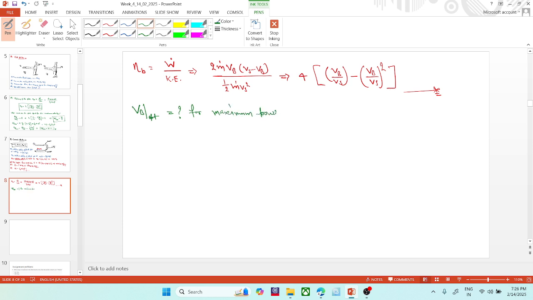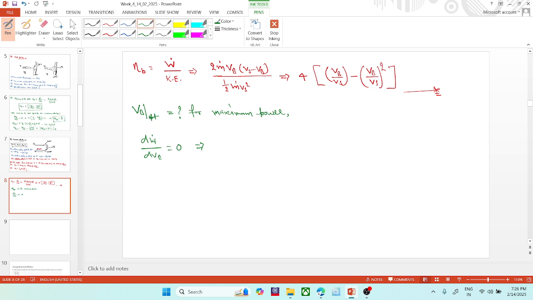For maximum power, we will do the same thing. We differentiate the power with respect to the blade velocity and then set it to 0.